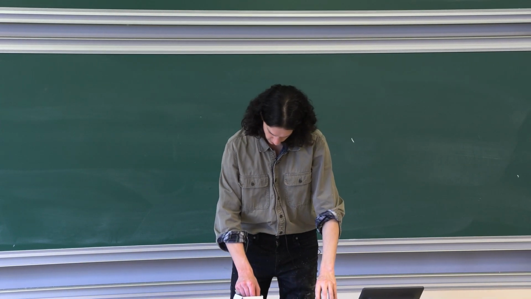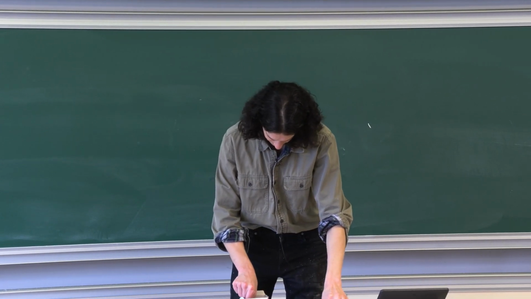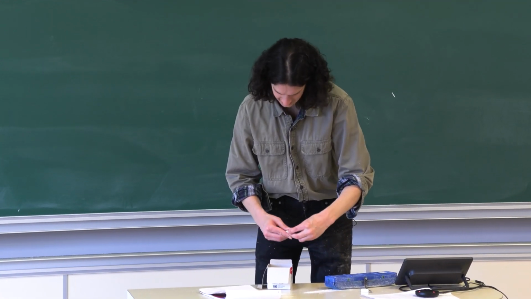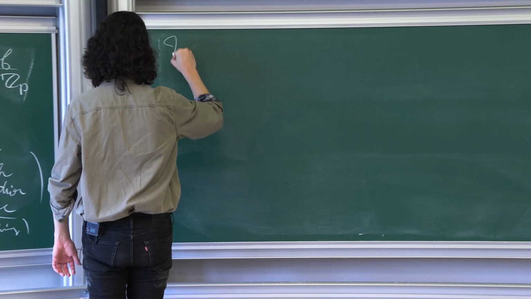So now I would like to prove the hyperdescent theorem for K2 local K theory. And this involves a very cool idea, which is the idea of higher cyclotomic extensions.